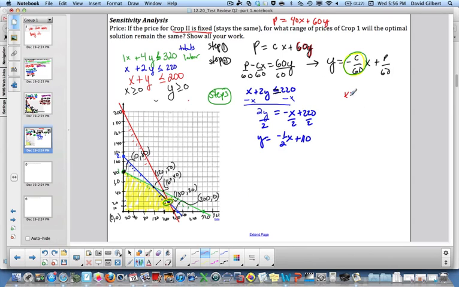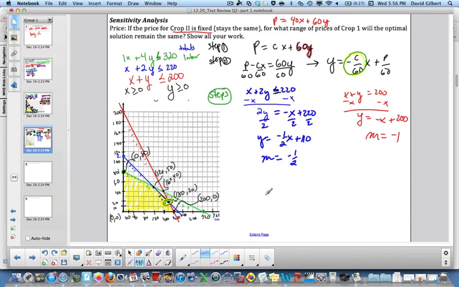Now, for the other equation, that's pretty easy. You've got x plus y equals 200, subtract x, and we get y equals negative x plus 200. So here our slope is negative 1, and here our slope is negative 1/2. Right? So negative 1 is less than negative 1/2.